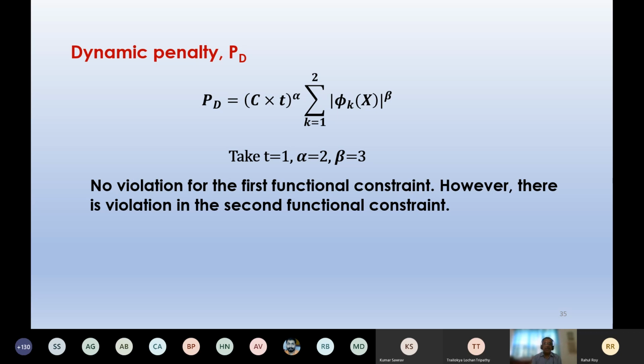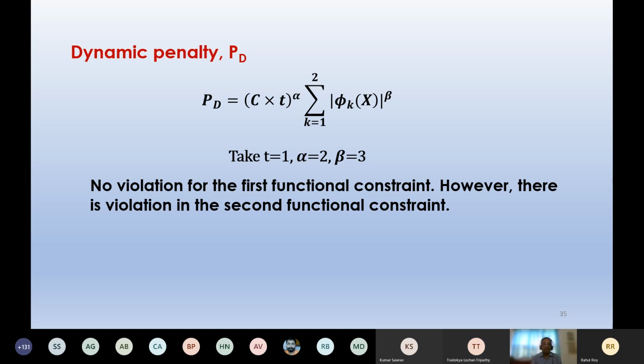Don't think that genetic algorithm is actually the best in the world. There are many other algorithms, which I'll be discussing a little bit, that could be even much better compared to genetic algorithm. But genetic algorithm is strong enough to reach that globally optimal solution, even for a very complicated objective function.